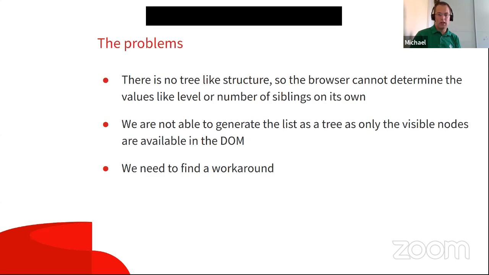So one idea was to switch the rendering in the DOM, so the DOM elements are nested, but that is not possible because only the visible nodes are available, and that wouldn't be sufficient for the tree. So we need to find a workaround.